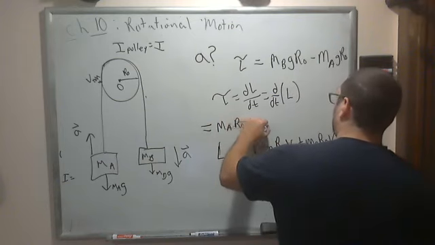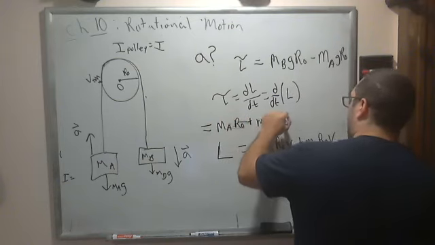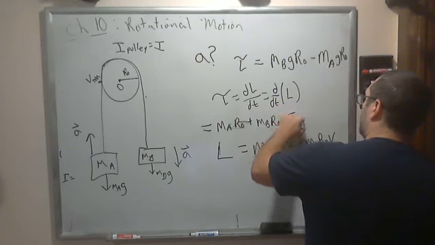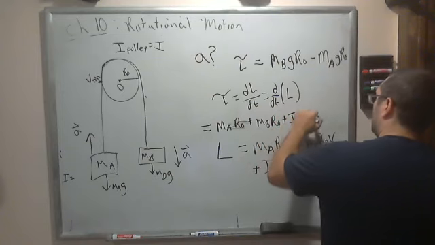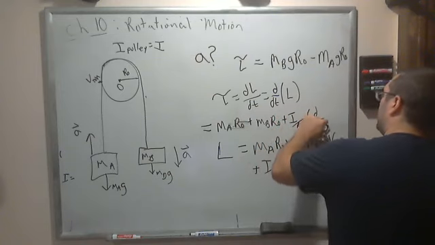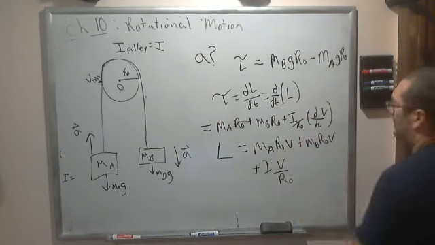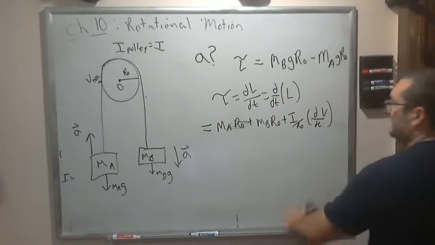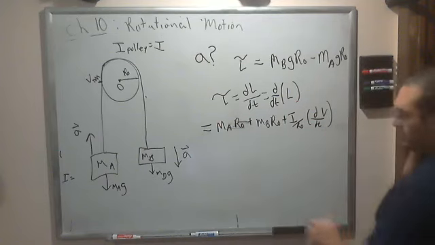I'm pulling out r naught because it's a common multiple, and dv/dt is just a, the acceleration.